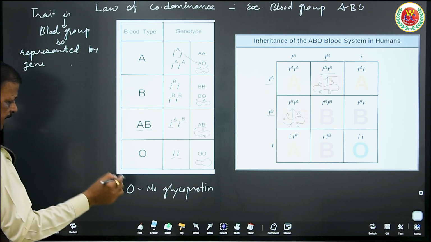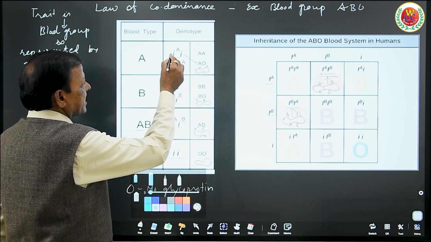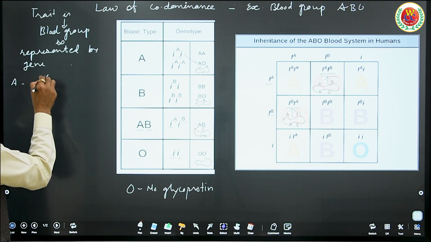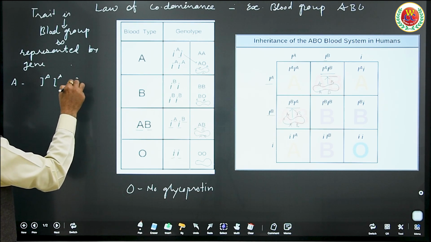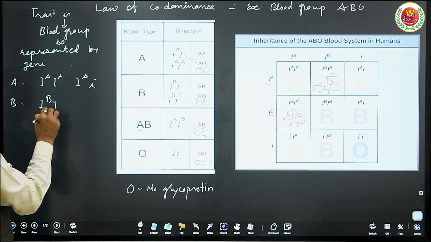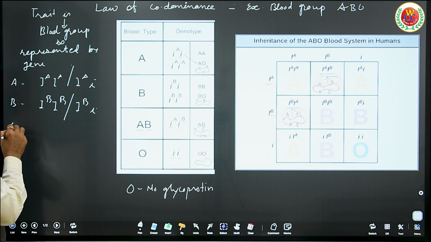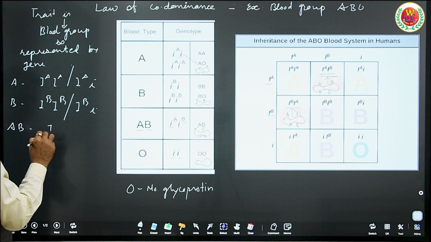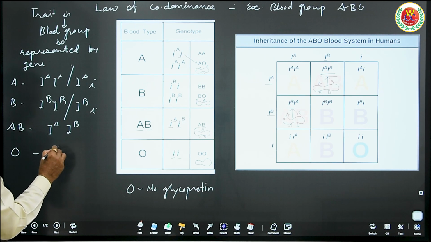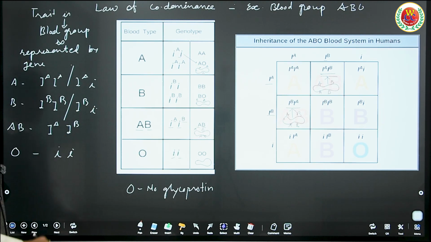For blood group A, the alleles are IA IA or IA i. For blood group B, IB IB or IB i. Blood group AB has the allelic pair IA IB, and blood group O has i i.